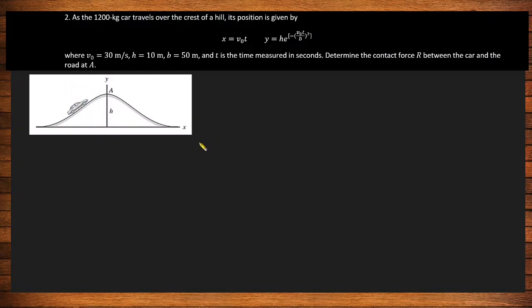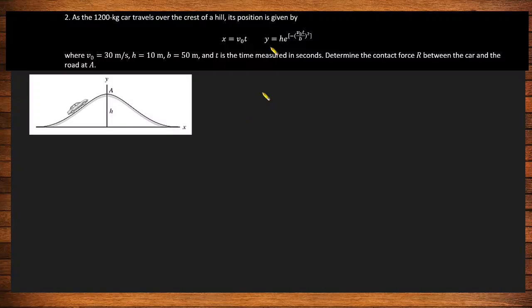So although the path of the car along the hill is curved, we can still analyze its motion in the x and y direction as independent rectilinear motions. Okay? So in this case, we will use rectangular coordinates kasi rectangular coordinates din naman yung given sa atin, x and y coordinates.